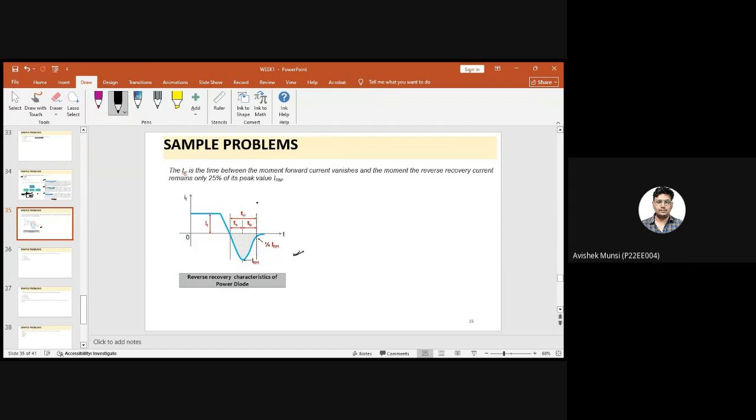So we have to know that the reverse recovery time between the forward current and it will vanish as a reverse recovery. As I said, in case of the diode there will be a reverse leakage current. So the time to overcome that is called the reverse recovery time. So this is the reverse recovery characteristics of a PN diode.